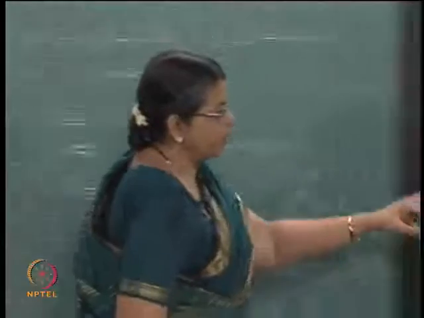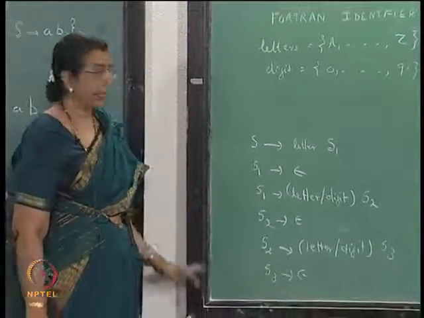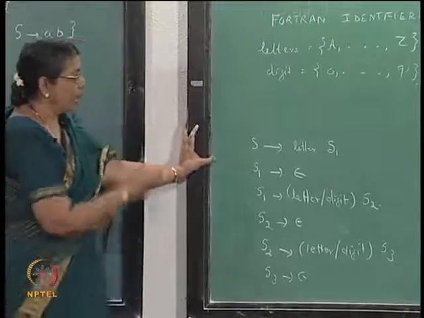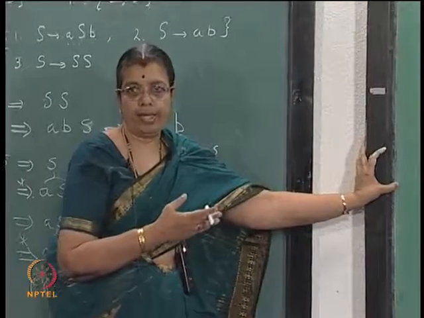Actually this represents 26 rules, this represents 36 rules, you must remember that. So you can have a grammar which will generate all Fortran identifiers.